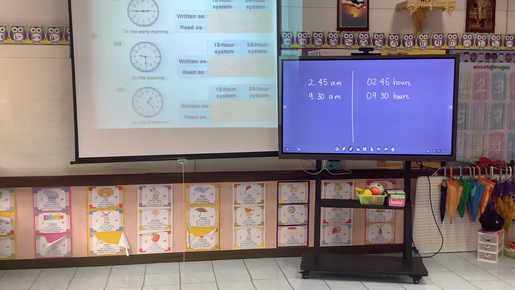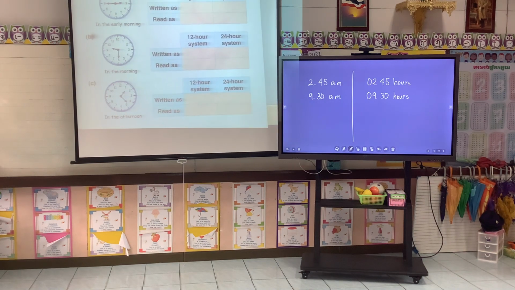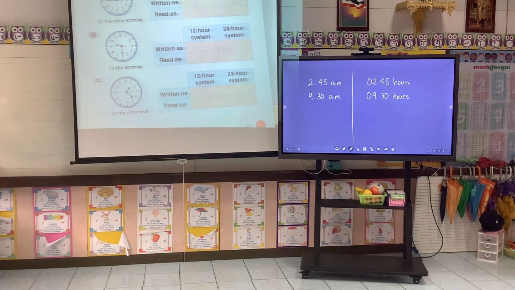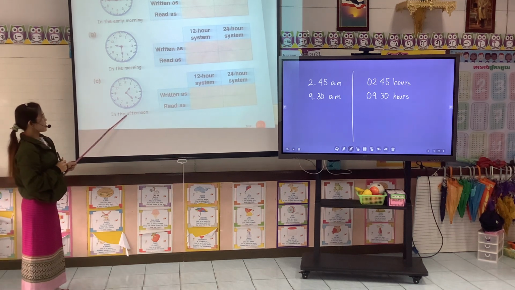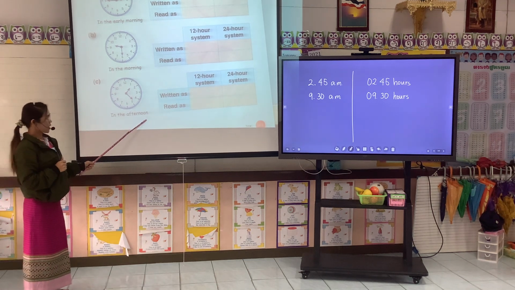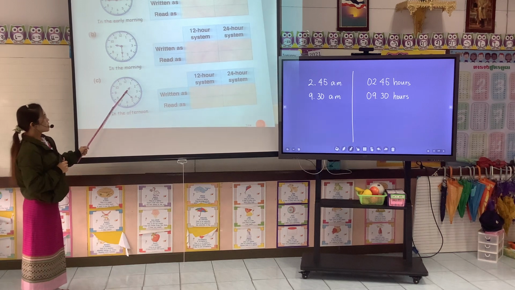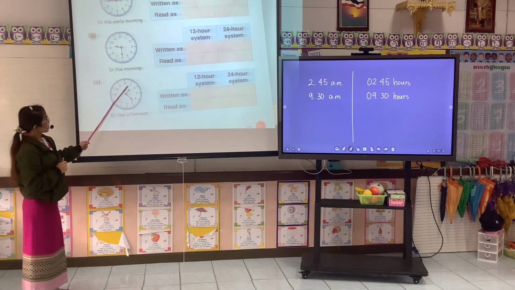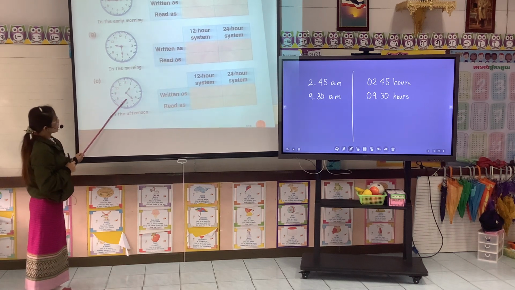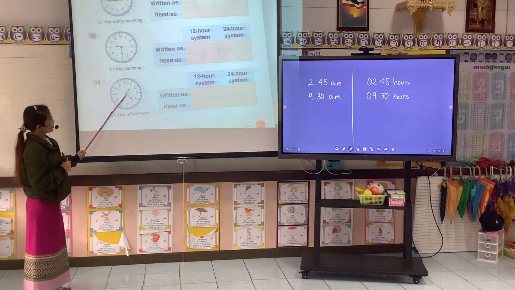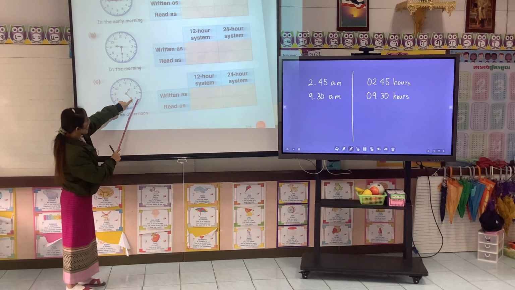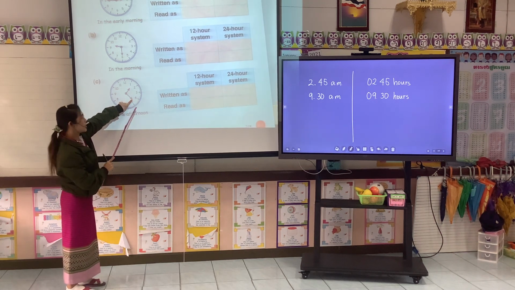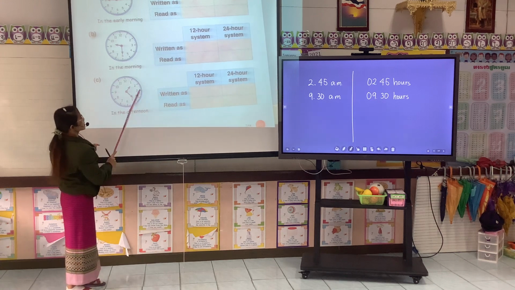Next clock, letter C. Let's look at clock letter C. So in letter C, in the afternoon. Okay, here we go, in the afternoon. The hour hand is pointing at 1, and then the minute hand is pointing past 4, right? So we are going to count the minutes. Alright? So let's see.